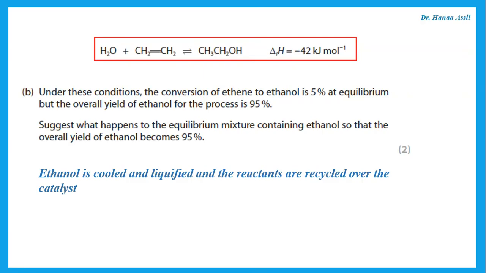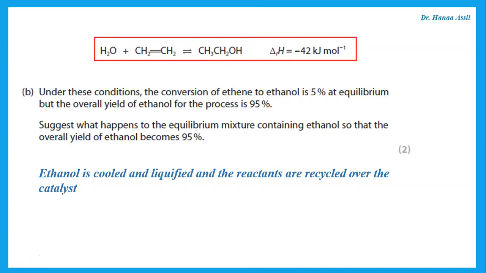So ethanol is cooled and liquefied, so it is removed from the equilibrium mixture, and then the reactants that have not been used are recycled over the catalyst. This is one of the methods in order to give as much yield as possible from a reversible reaction.